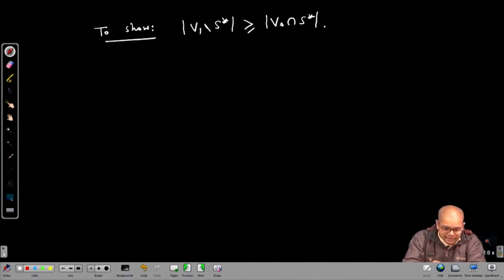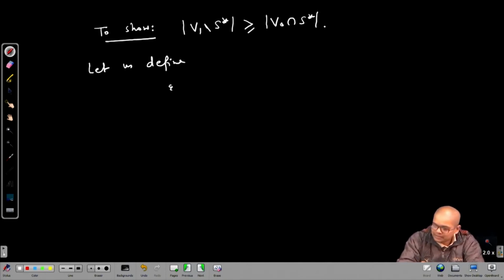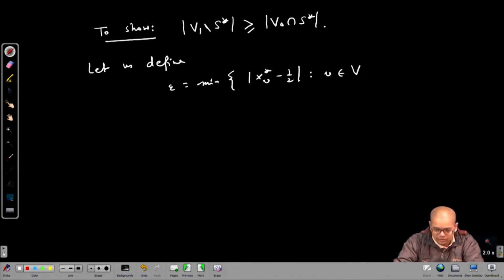For that, let us define epsilon equal to the minimum of mod of x star v minus half, such that v is in V0 union V1, make it half of this.